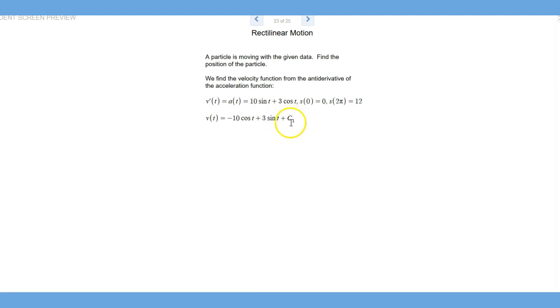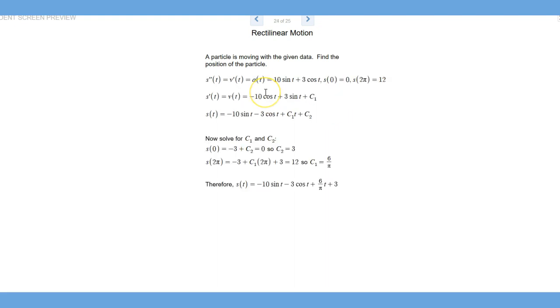Notice I can't solve for that yet because my conditions are in terms of s. So now I want to find the antiderivative of the velocity to get the position. I take the antiderivative of that velocity function I just found. Again, I'm not going to talk through the sine and cosine step, but for this step, c1 is just a constant, so its antiderivative is simply c1 times t.